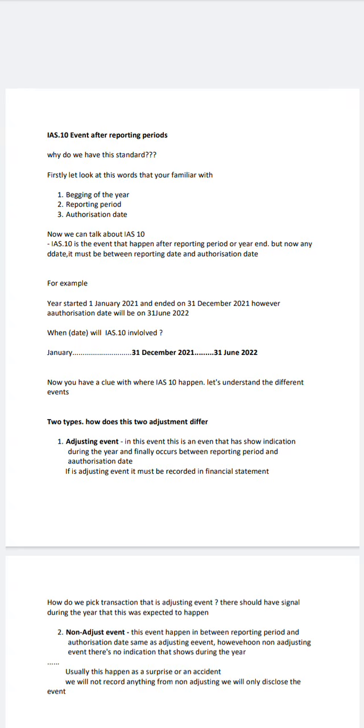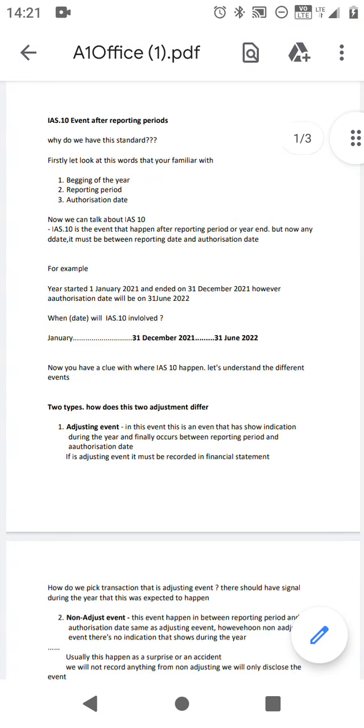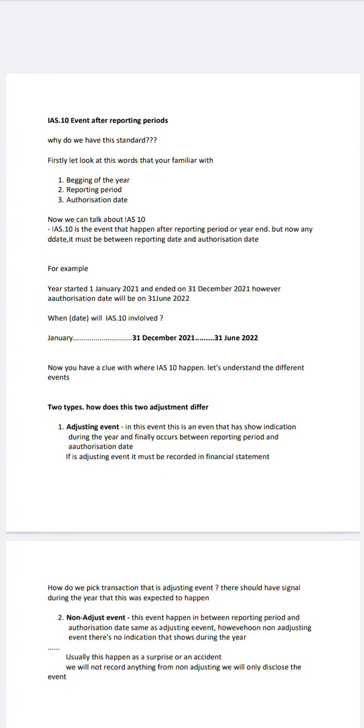They can be given 2 months, 3 months, depending on the nature of the company. So if we are talking about IAS 10, we are talking about the events that happened after a reporting period but before the statements are authorized. Simple as that.